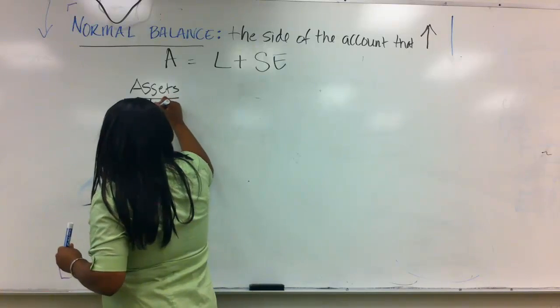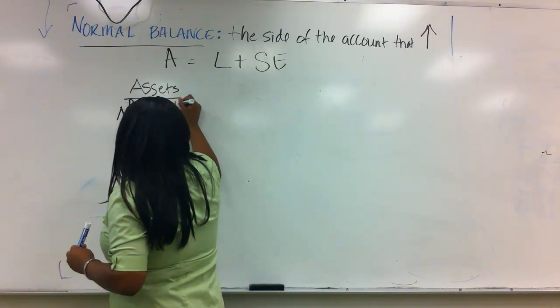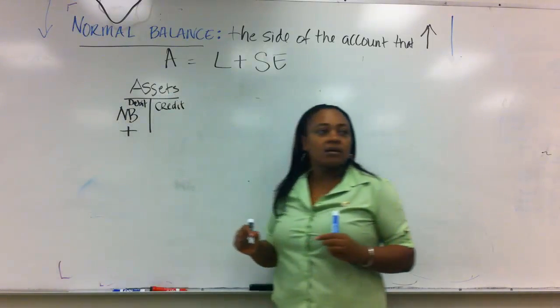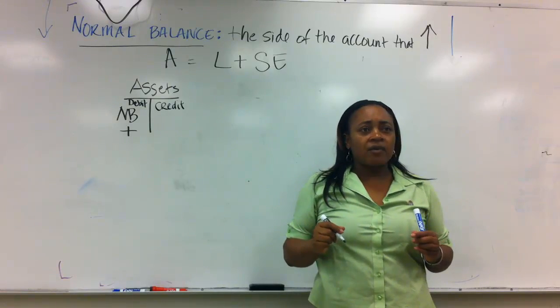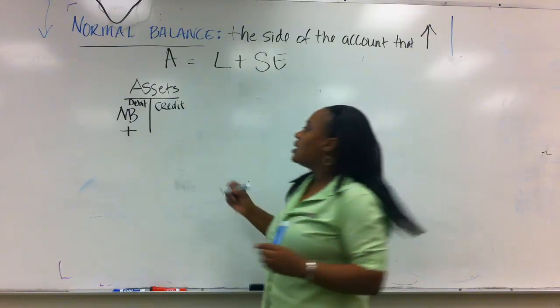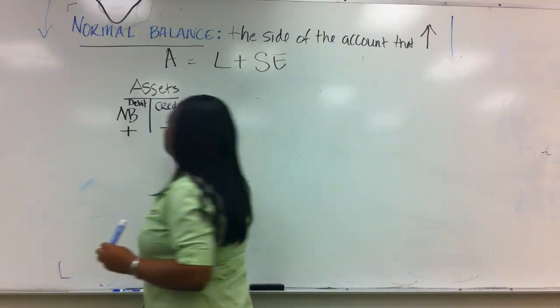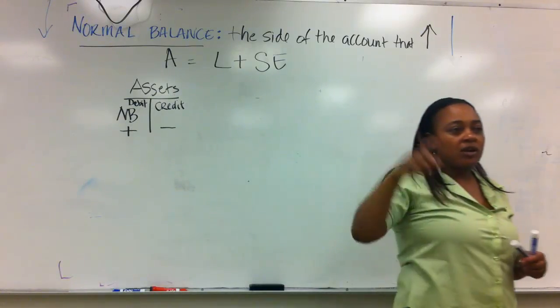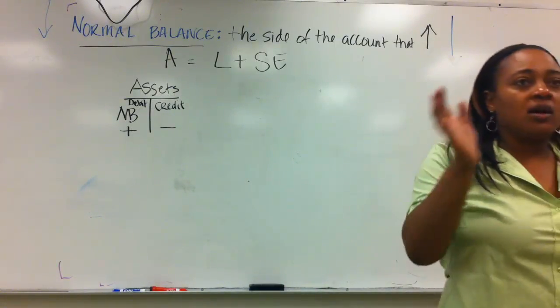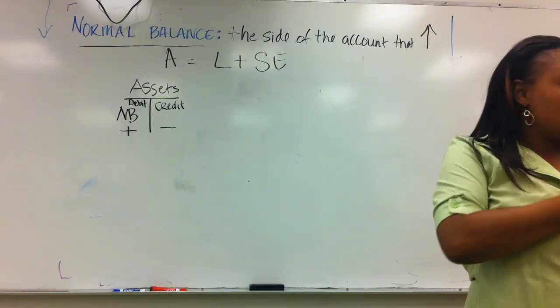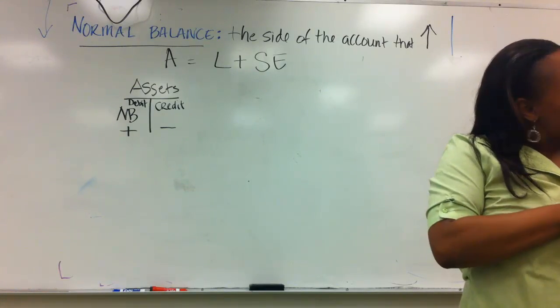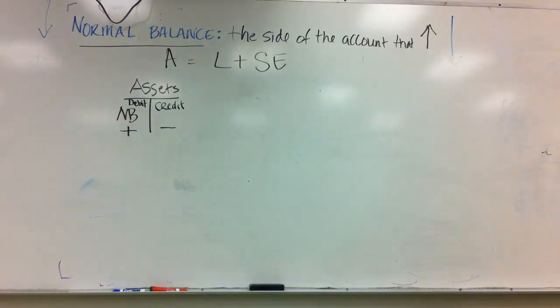So that means that if you put it on the credit side, what would happen to the account balance? It would decrease. So if you want to make your cash go down, you would put it on the credit side, which is the right side. Are they interchangeable, when you say credit or right?